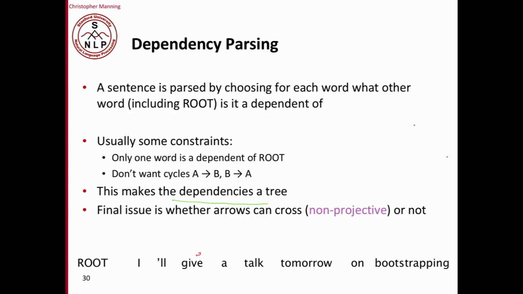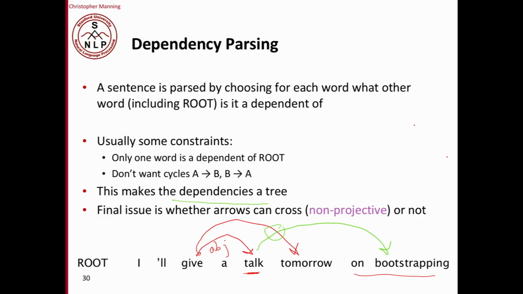We're giving a talk, that's the object, and when it's being given is tomorrow. But this talk has a modifier, on bootstrapping. So we actually have another dependency here that crosses that dependency. That's rare. It doesn't happen a ton in English, but it happens sometimes in some structures like that.